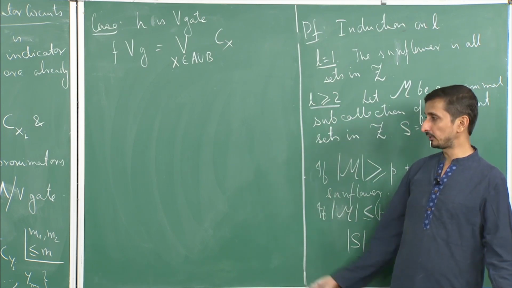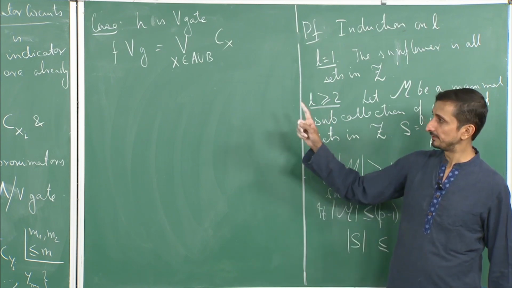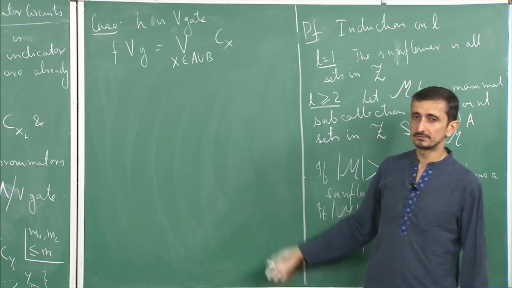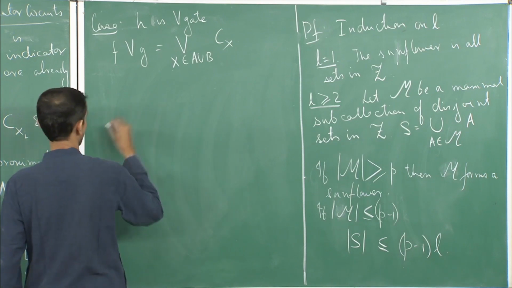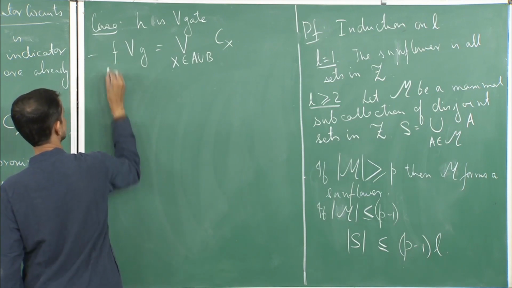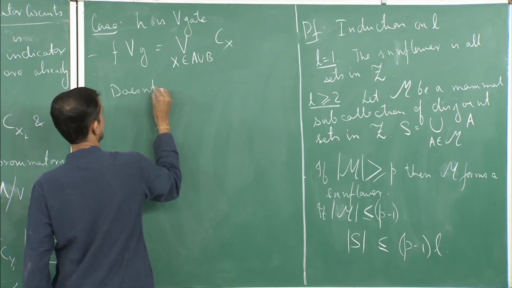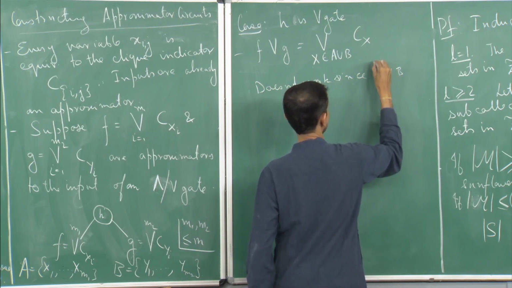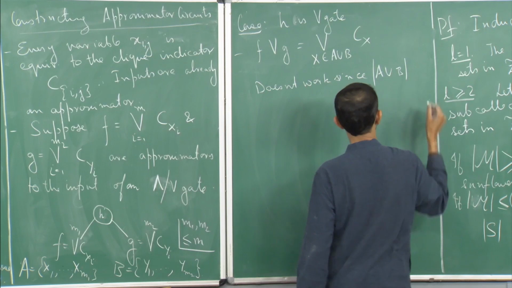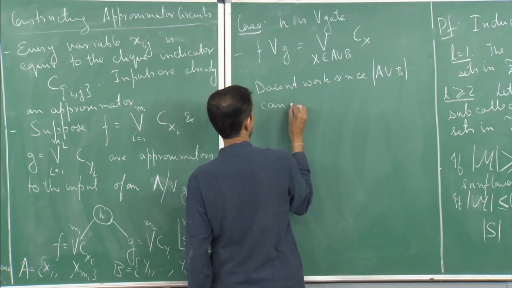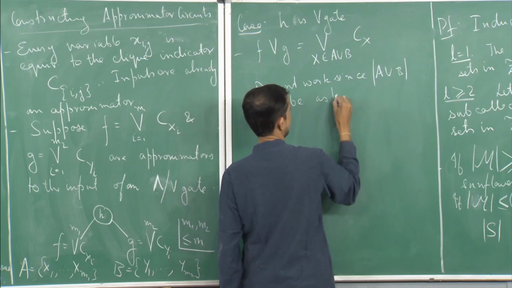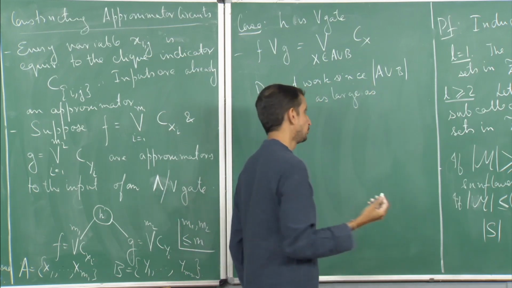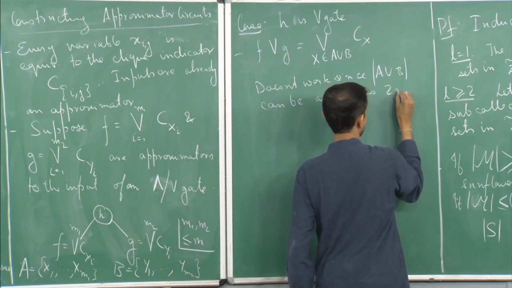A union B potentially might have size greater than M. Remember the definition of an approximator says that x has to come from a collection of sets of size at most M. So this doesn't work, since A union B can be as large as 2M, because A and B are each of size at most M.